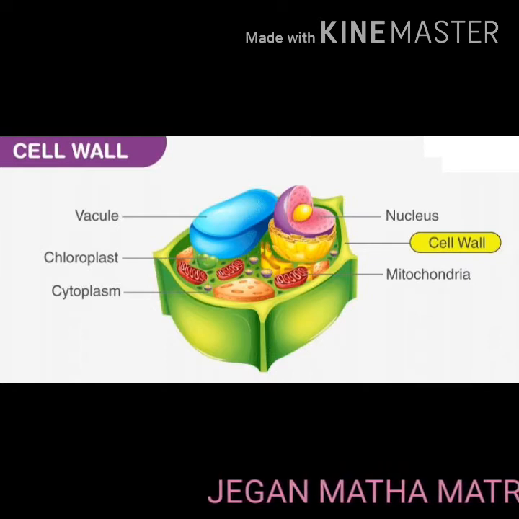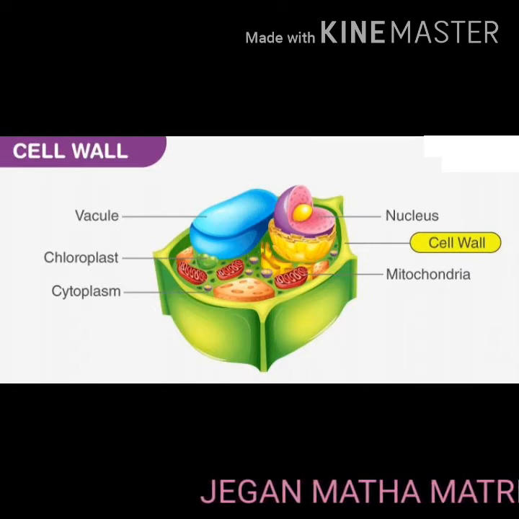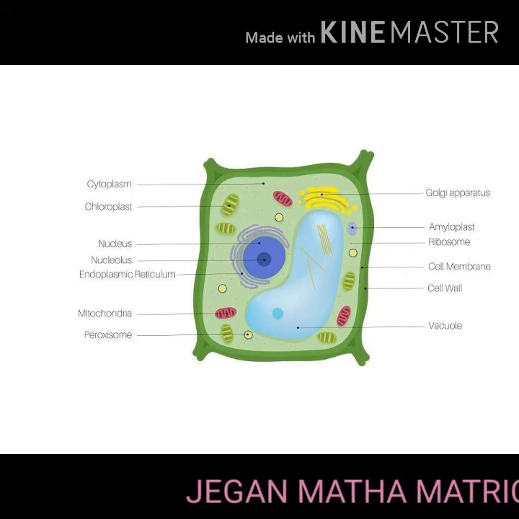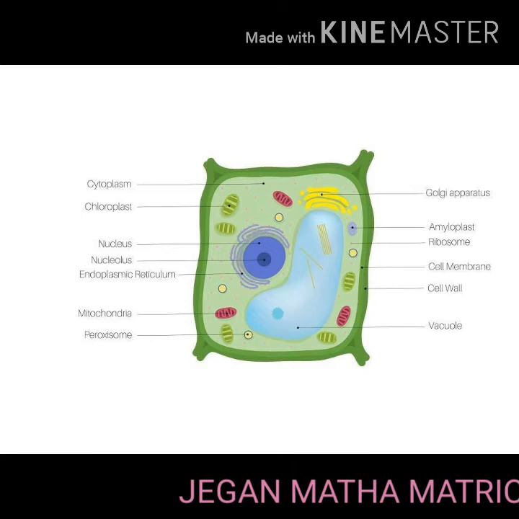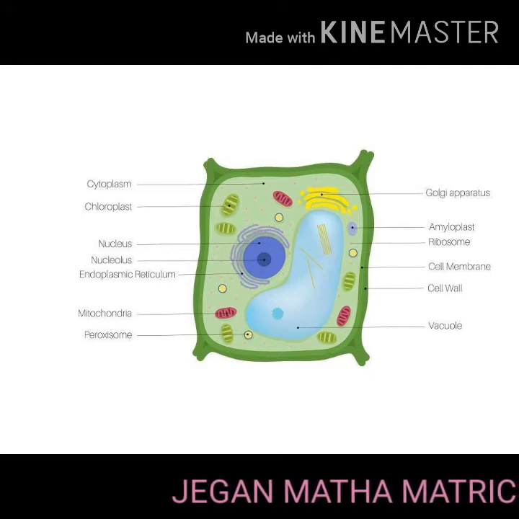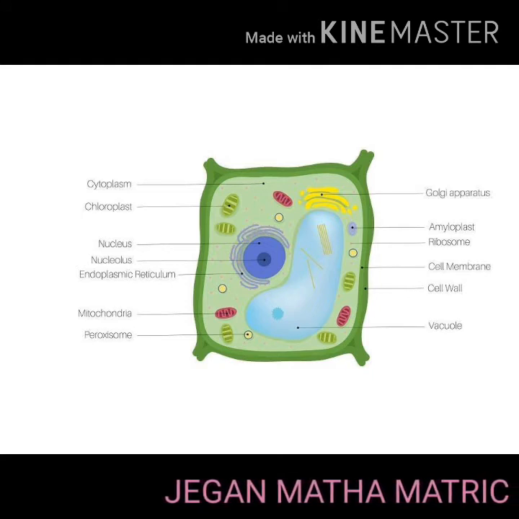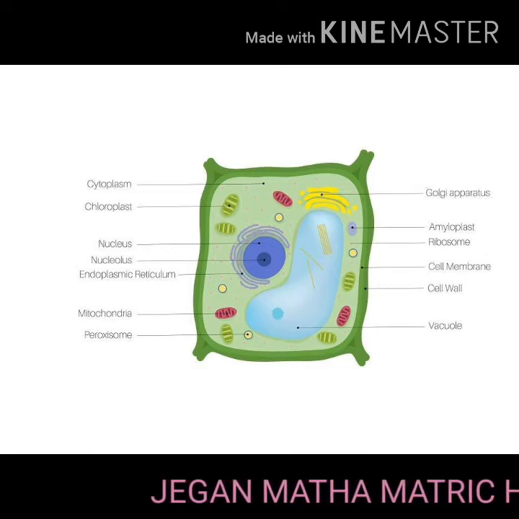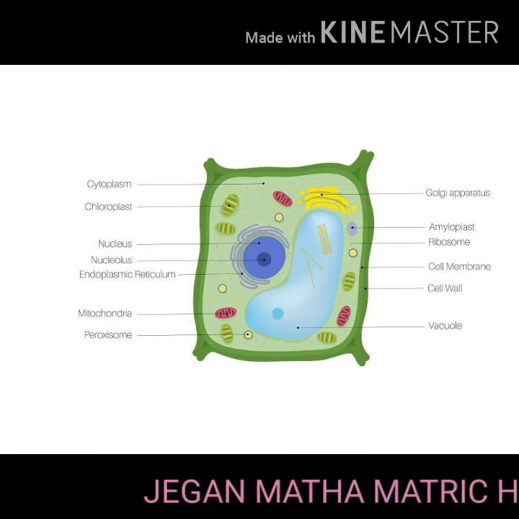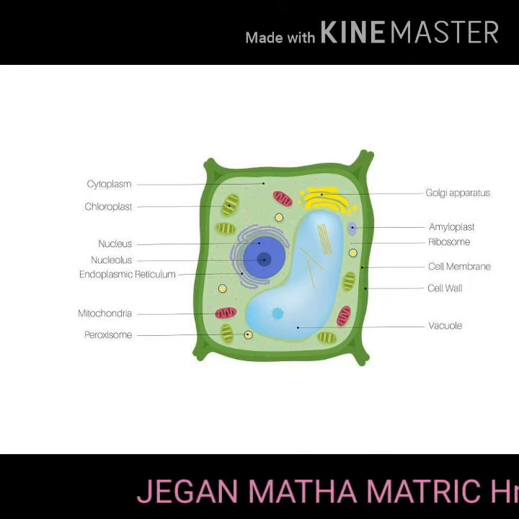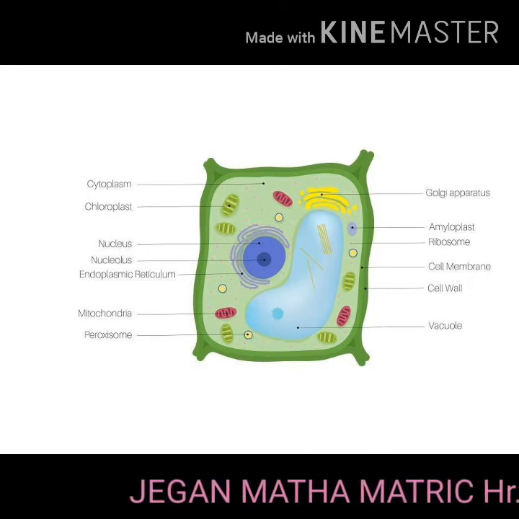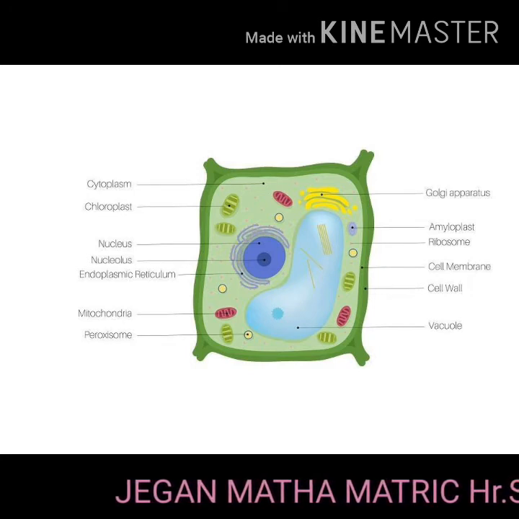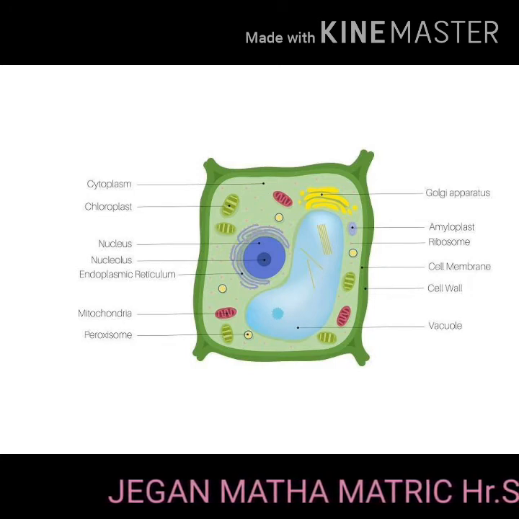The next cell component is cell membrane. The main function is to hold and protect the cell. It controls the movement of material in and out of the cell. The special name given for the cell membrane is gate of the cell.